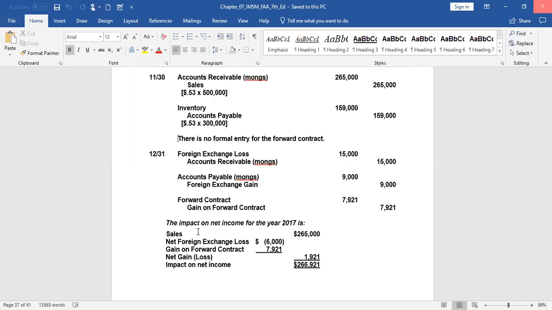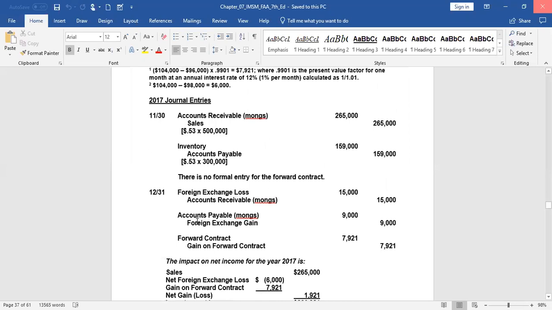Well, if they were paid back their 500,000 mongs on December 31st instead of January 31st, they would only receive 500,000 mongs times 50 cents per mong, or 250,000.